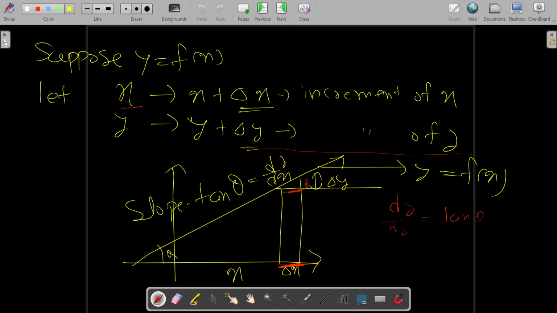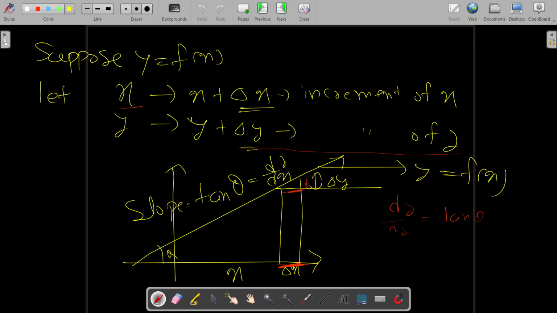I have already told you, in this curve we are taking 2 points, x as the first, and as another point x plus del x, because we are taking a small change in x. Del x is what? The increment of x. Similarly y and y plus del y, where del y is the small increment of y.